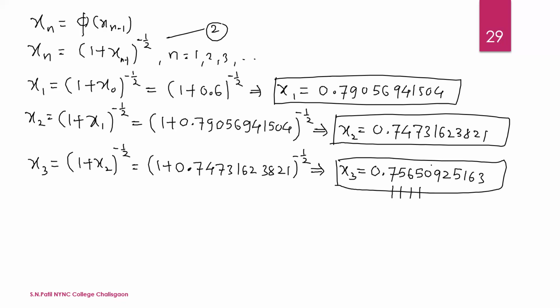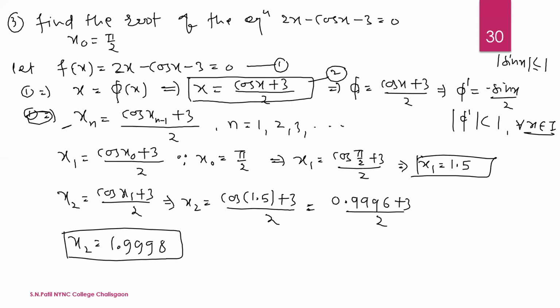The 5th place is less than 5, so keep the number as it is. x3 is equal to 0.7565, which is the required answer.